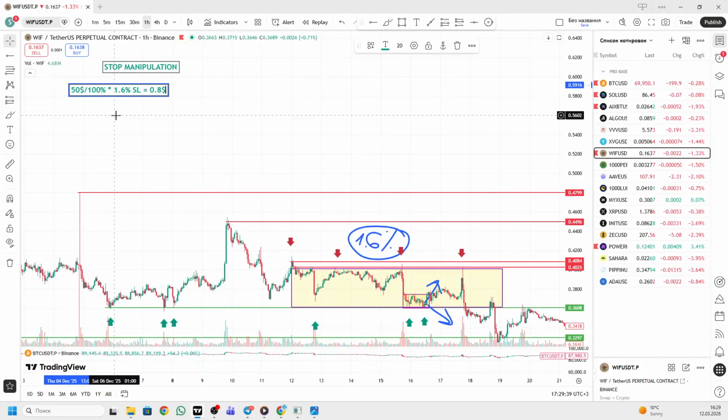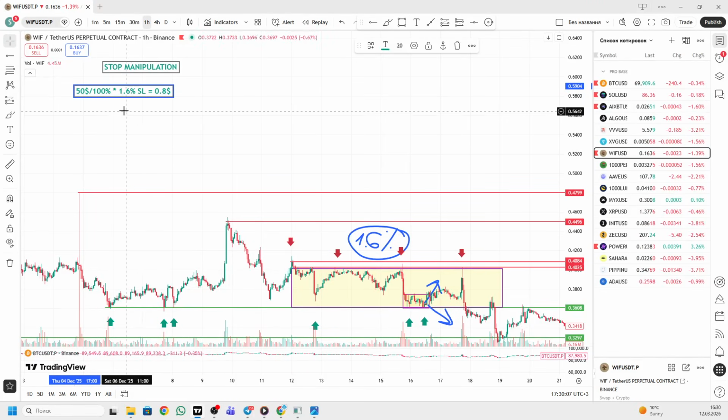So your dollar risk stays the same, you see? But your stop can now be wider because your position size is smaller. Do you see the logic in it? So if we have $100 in our position, we can put our stop loss 0.8% because this is the risk per trade.